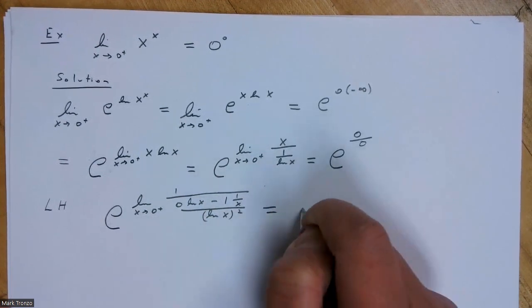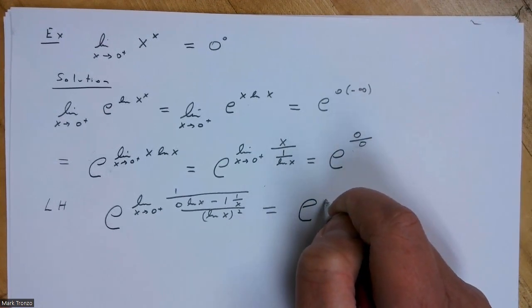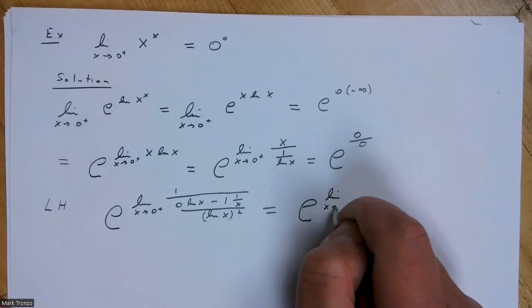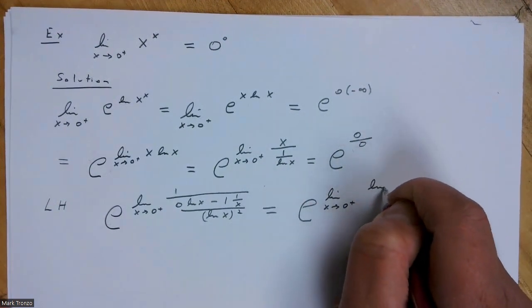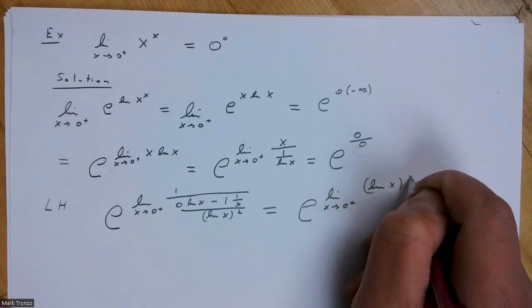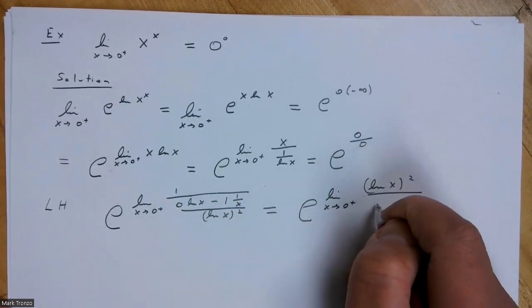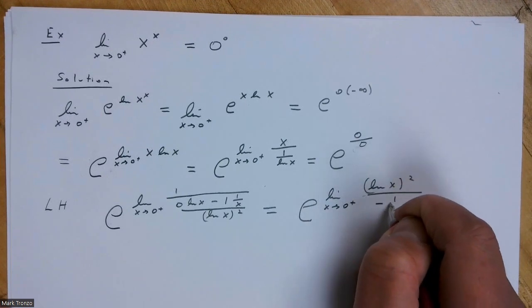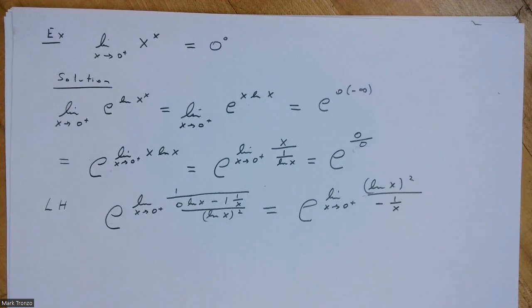And let's see if we can rewrite this as the limit as x approaches 0 from the plus side. This is the log of x squared, and this is just going to be 0. So this is going to be negative 1 over x, like this.